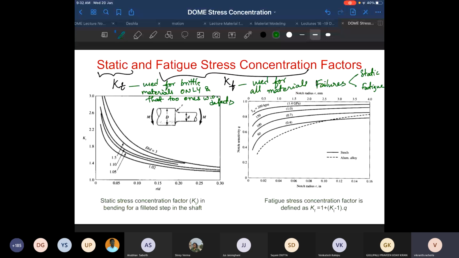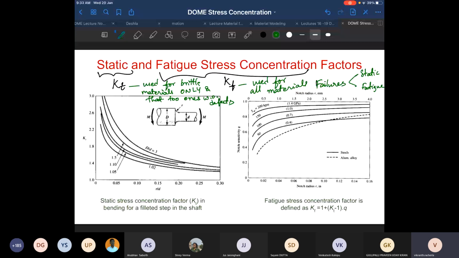The second point I want you to note is how you get these stress concentration factors. You have two ways. One approach is you can use finite element analysis. If there is some geometry and some loading that you are subjecting it to, then you can use formulae to get nominal stresses, and you can use FEM to get the maximum stress, then divide the maximum stress by the nominal stress in order to get the stress concentration factor.